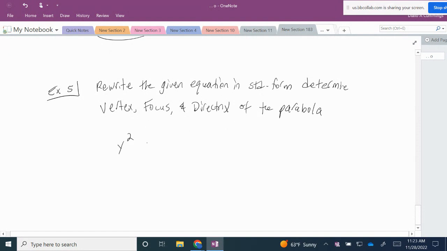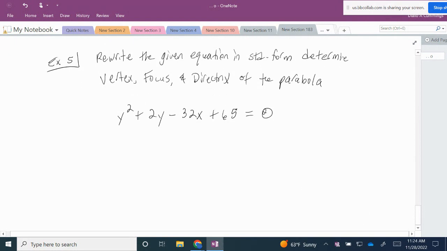So we have y squared plus 2y minus 32x plus 65 is equal to 0.